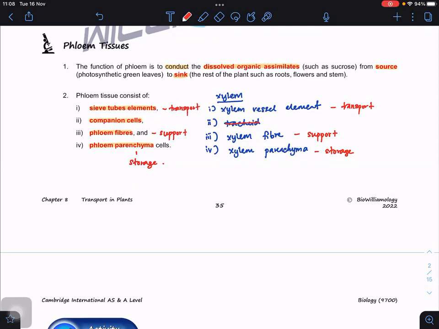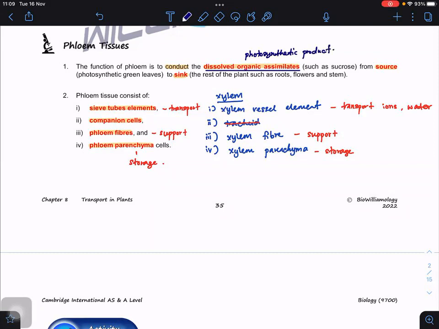Xylem vessel elements transport ions and water. Sieve elements transport dissolved organic assimilate, so highlight those words. Most of them are photosynthetic products.